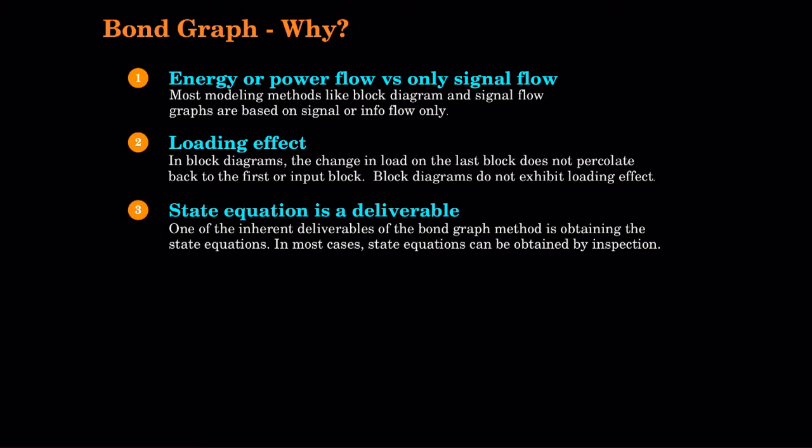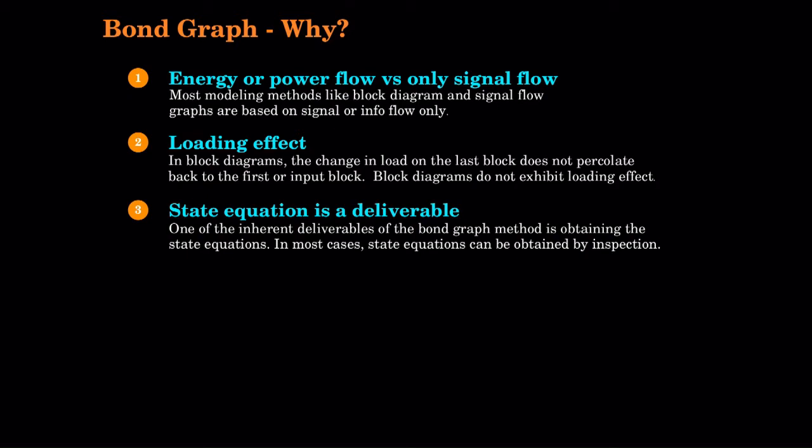The output of the bond graph, the deliverable of the effort that you put in modeling with this bond graph, is a state equation. It will give you a set of linear differential equations, first order, and from there you will be able to put forth the state equation of the entire system by inspection.